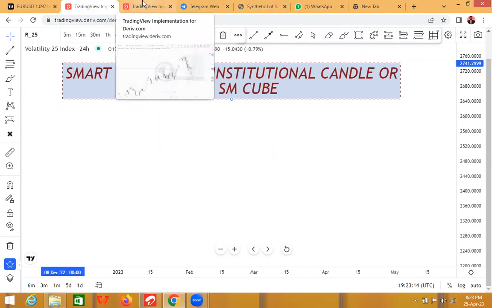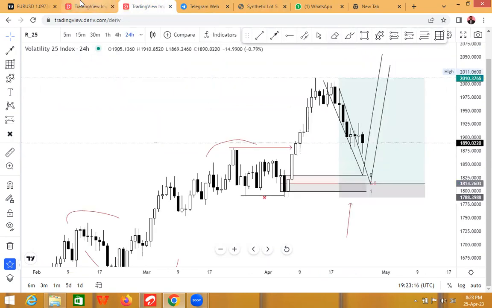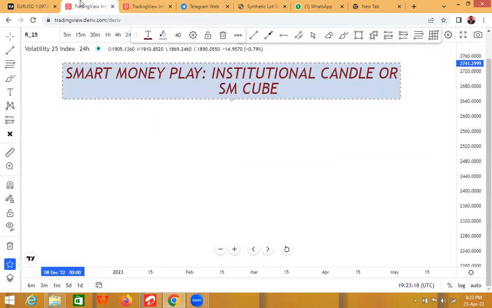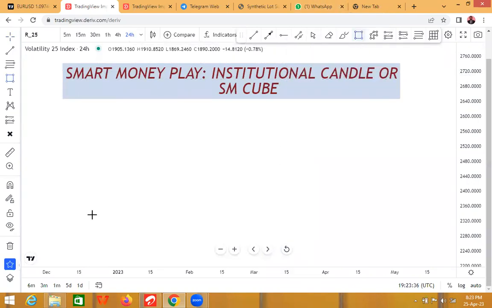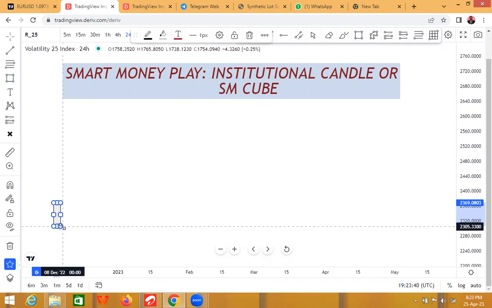So in a situation of institutional candle, what we call an institutional candle is that one candle that goes against the consecutive candles, in either a bullish scenario or a bearish scenario. Let me try to explain by drawing a diagram for you. Okay, let's say this is my bullish candle.